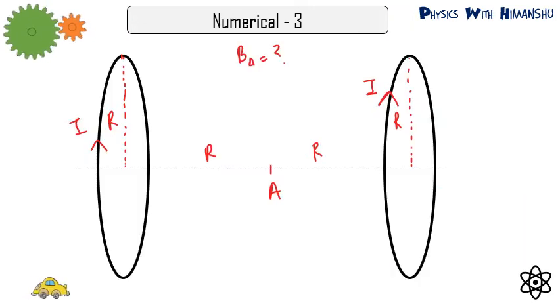Okay, now the first assignment is, we have two current carrying loops, both carrying current in the same direction, both have the same radius r, number of turns 1, and the distance between their centers is 2r. You have to find out the magnetic field at this point in this case.